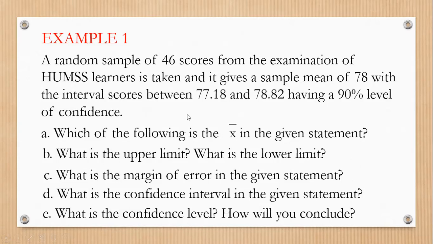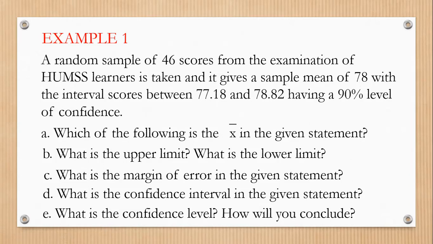So what is the upper limit? The upper limit is the 78.82, this one. And the lower limit is 77.18. Okay, so what is the margin of error?